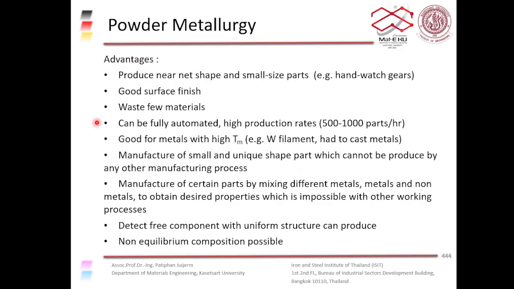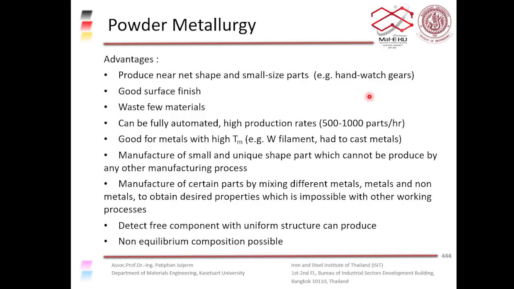Okay, so we will look at the advantages and disadvantages of powder metallurgy. One of the advantages is it can produce near net shape and small size components, like gears in a hand watch, right? The expensive hand watch that you can lend your friend, right?